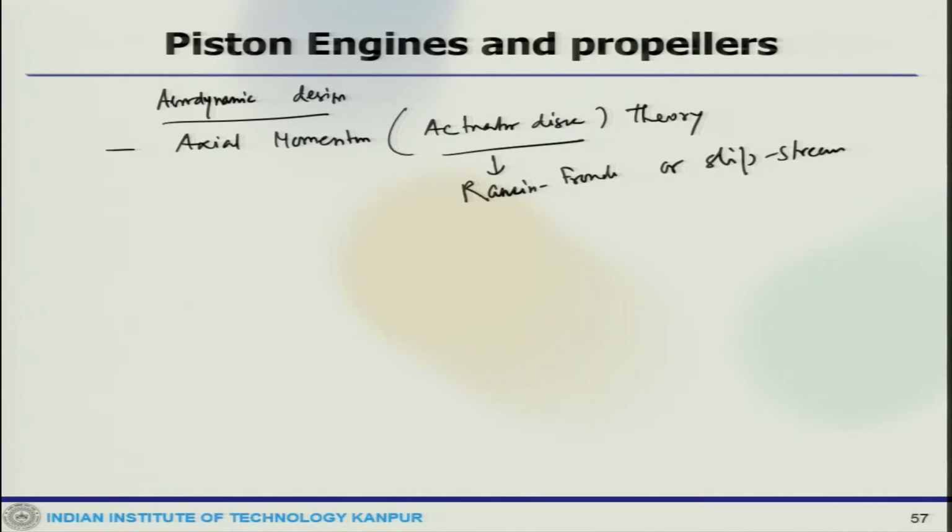So, the actuator disk theory replaces the propeller with an infinitely thin plane or actuator disk. So, let us see how it can be done. Let us draw some configuration here. So, let us say this is the actuator disk sitting there, then the flow could be like this.